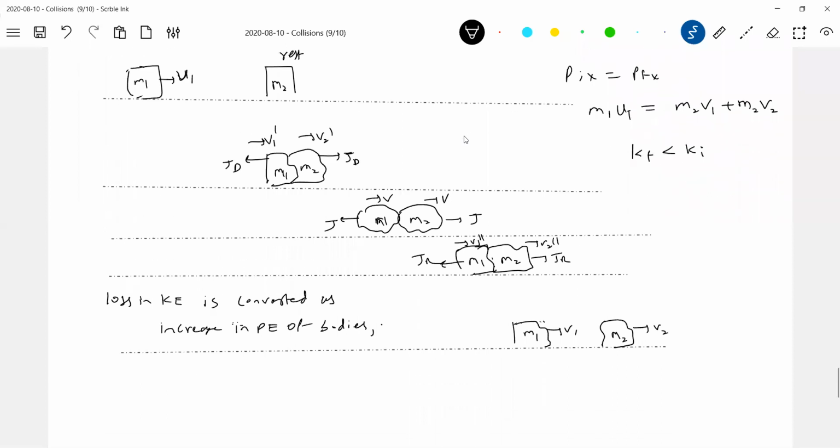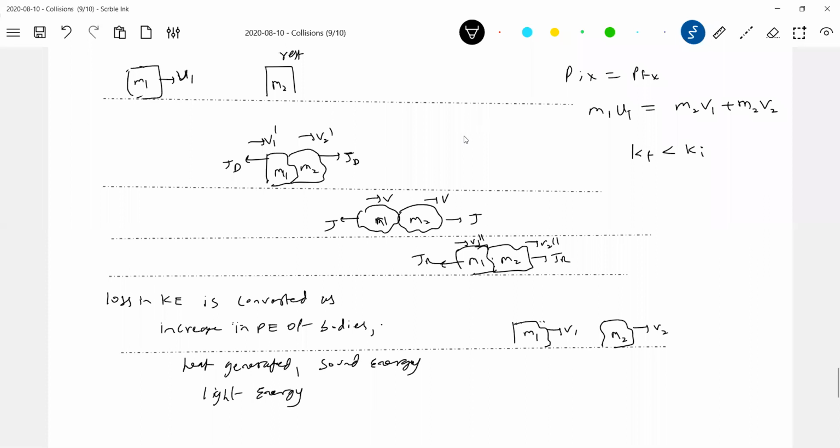What all can happen? Increase in potential energy of bodies, or heat generated, sound energy, or even light energy.